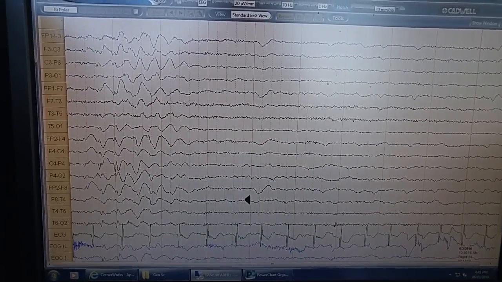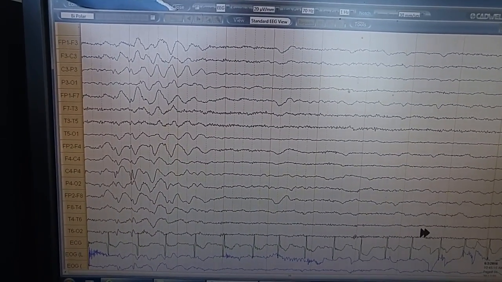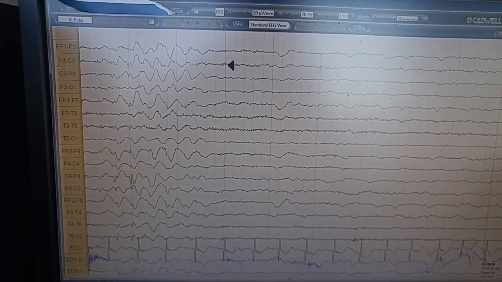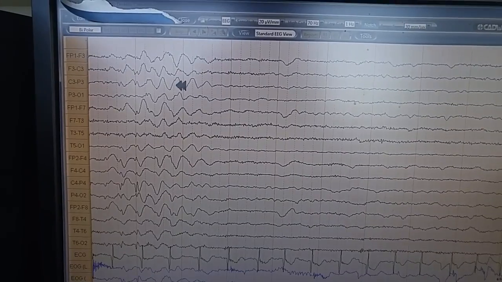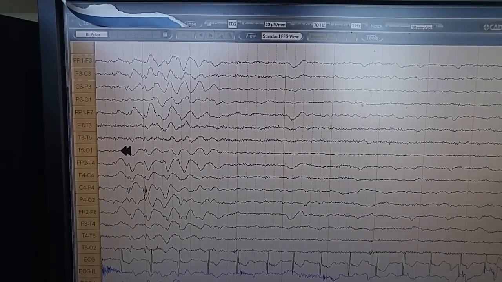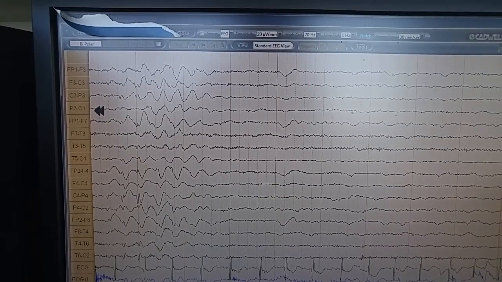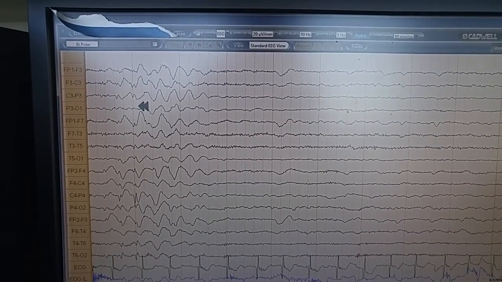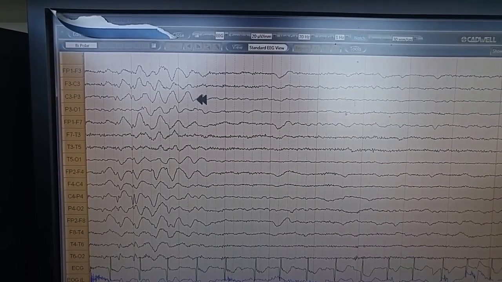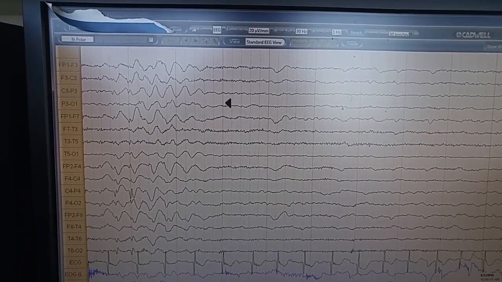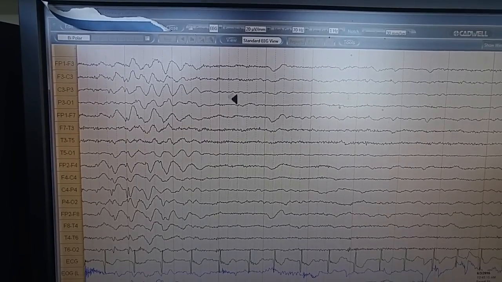A clue that this is generalized rather than a focal, let's say frontal predominant epilepsy with quick generalization, is that you have a very abrupt onset. You see how you go from pretty much normal posterior dominant rhythm right here to this spike and wave, and a very rapid return to your prior baseline posterior dominant rhythm.